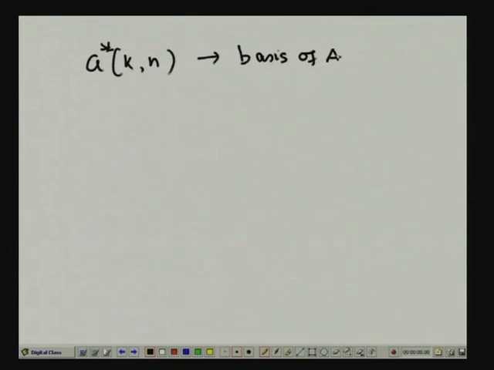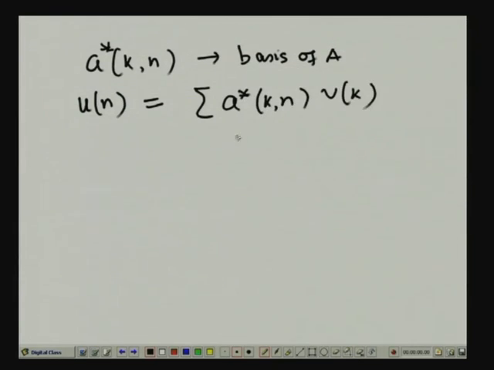Here what we have done is the sequence of samples u n, or vector u, has been represented as a summation of A star k n into v k for k equal to 0 to n minus 1.